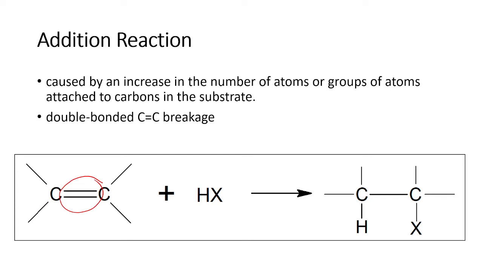So one example of this is the reaction of ethene and chlorine gas. For the chemical formula, we have here CH2=CH2.